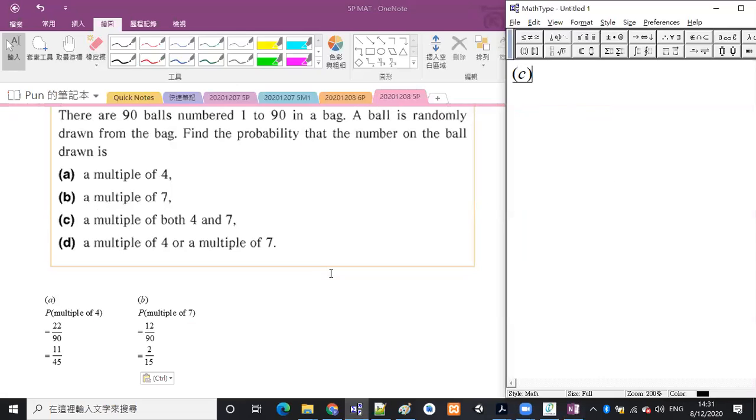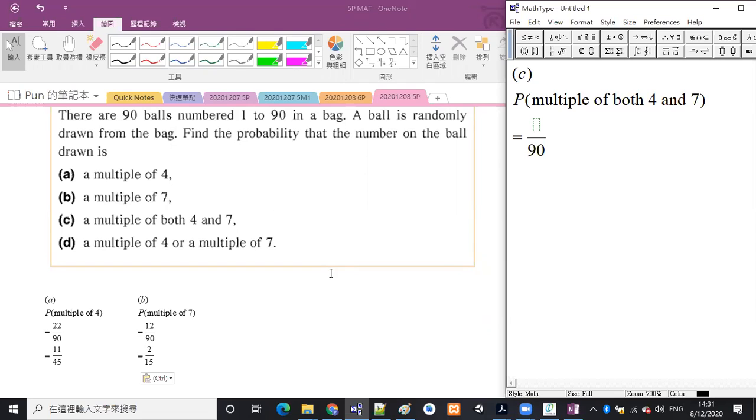And then part C, I want to find the probability of a multiple of both 4 and 7, so at the same time a multiple of 4 and of 7. There are 90 possible outcomes, right?